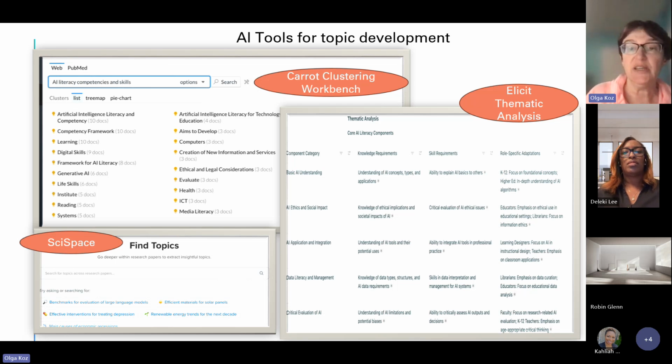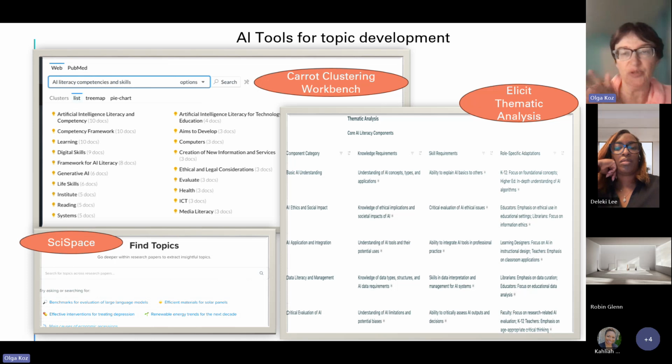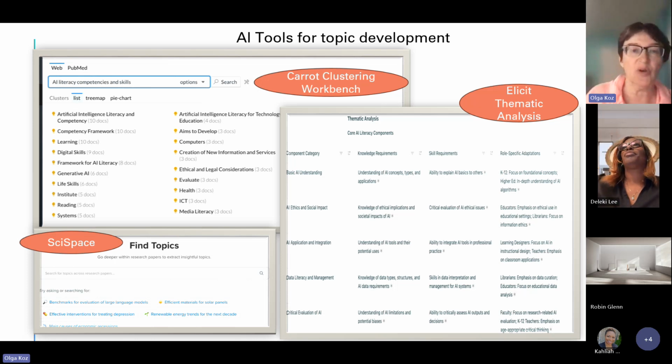So it's very important which database. If I use the ERIC thesaurus, I will not find this as a separate concept term, so I will do literacy and artificial intelligence, because artificial intelligence exists and literacy exists. So I combine these two concepts. And it will tell me what other concepts are relevant, narrower, broader, and that's how I narrow, for example, my topic to the specific concept I care about.